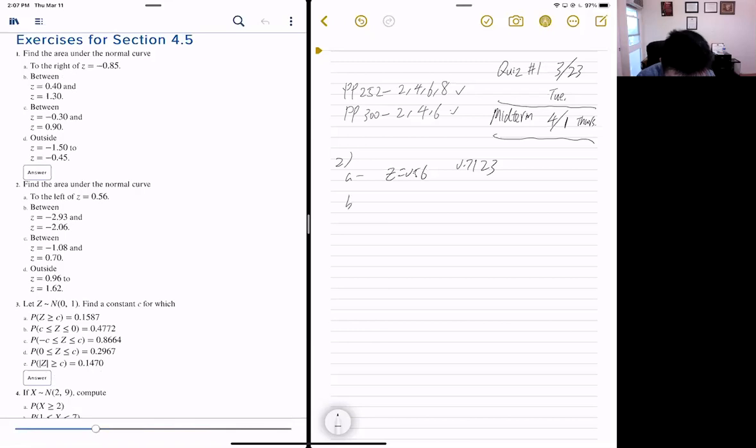Part B is between two values, minus 2.93 and minus 2.06.